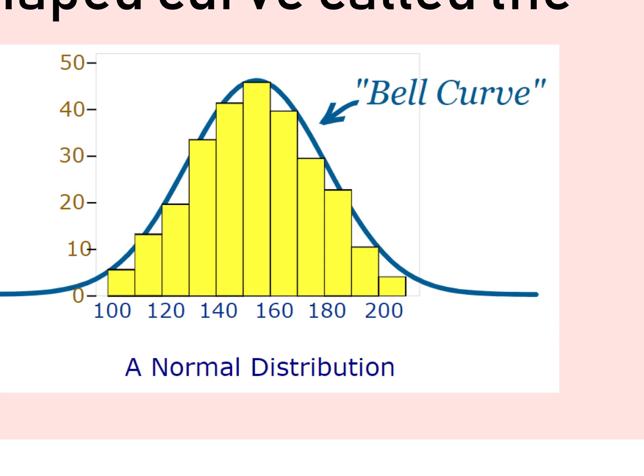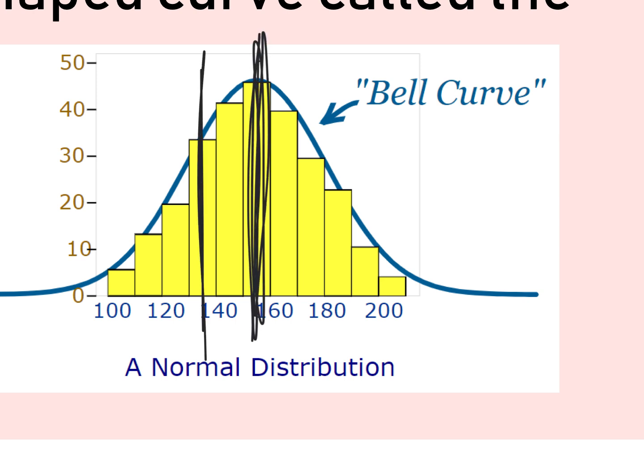Have you heard of the bell curve before? Kind of looks like an upside down bell that you would ring, okay? The bell curve is a big deal. And a lot of things are like this in the real world. For example, if we took shoe sizes amongst you guys, the average would be right in the middle. And then most of you guys would be near that. In fact, what we usually do is we say one standard deviation in either direction has most of the kids in there.